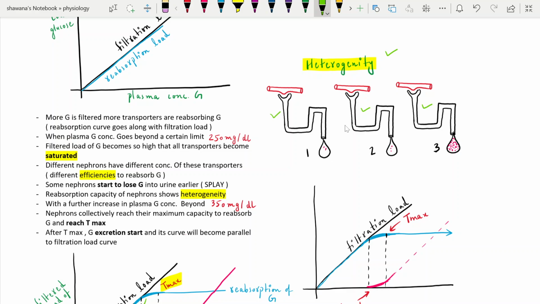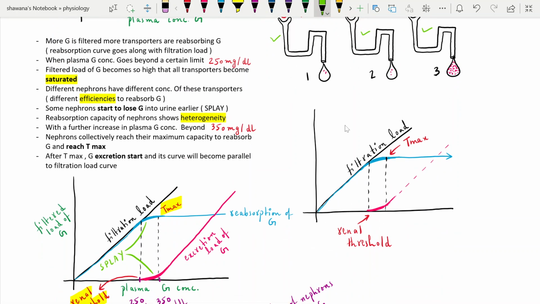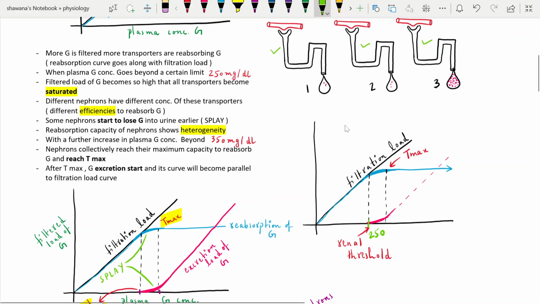So when a certain limit is reached, some of the nephrons start to leak glucose into the urine. It means that the reabsorption capacity of these nephrons is saturated.